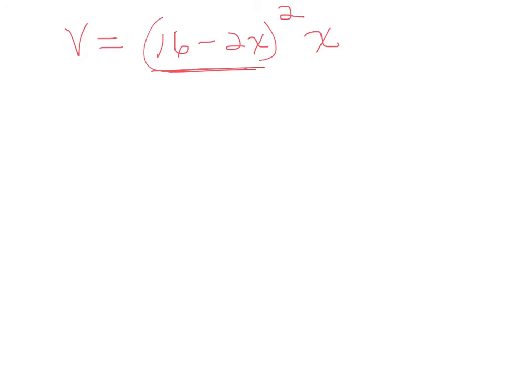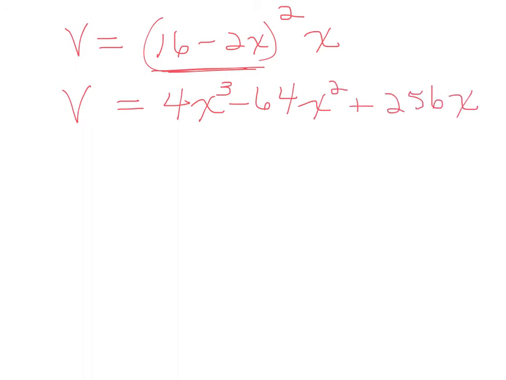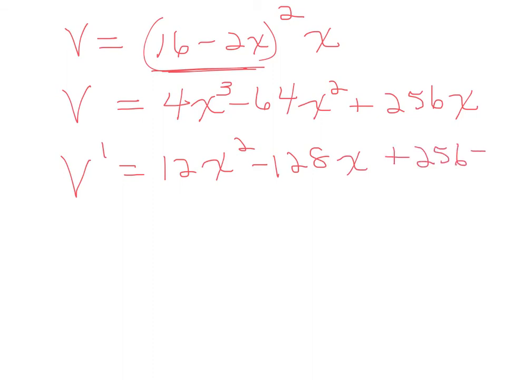So to do that, I'm going to get volume equals, and I reorganize my equation, 4x cubed minus 64x squared plus 256x. That is our volume. Find the first derivative, and you get 12x squared minus 128x plus 256. Set that equal to 0. You're going to need to factor it.